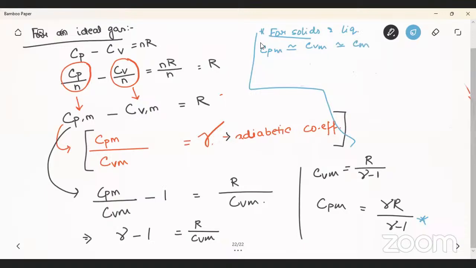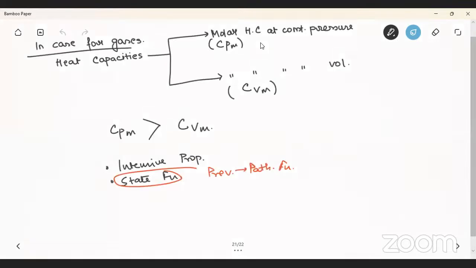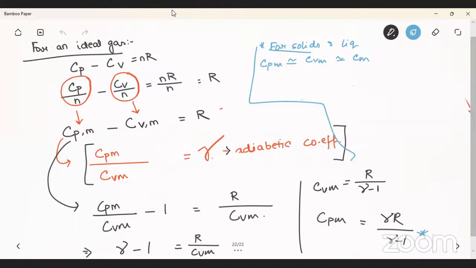So for solids and liquids, this equation is not applicable. This is strictly for ideal gases, only for gases this equation is applicable.